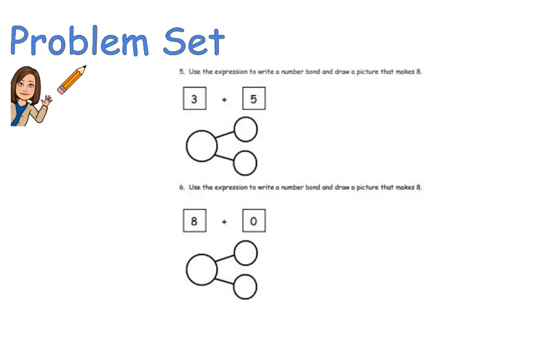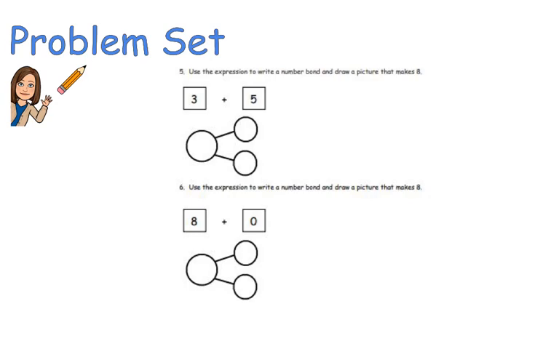All right, number 5. Use the expression to write a number bond and draw a picture that makes 8. Okay. So we have an expression here, and I know that it's an expression because there is no equal sign. Just the addition sign.